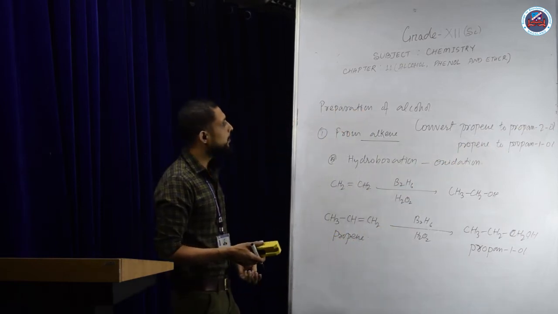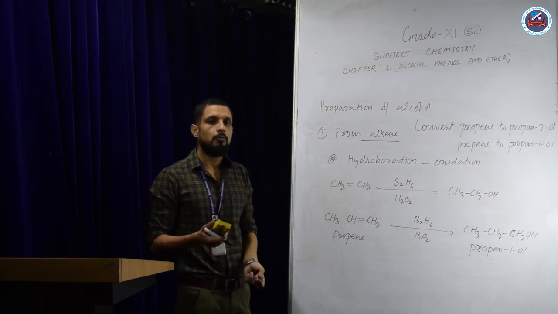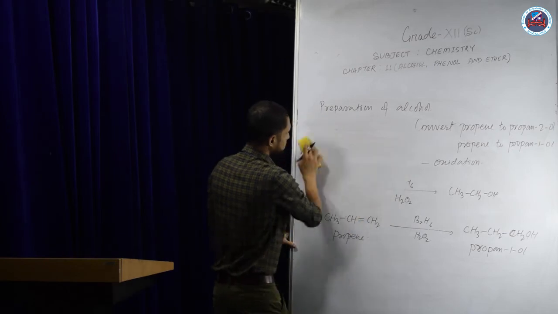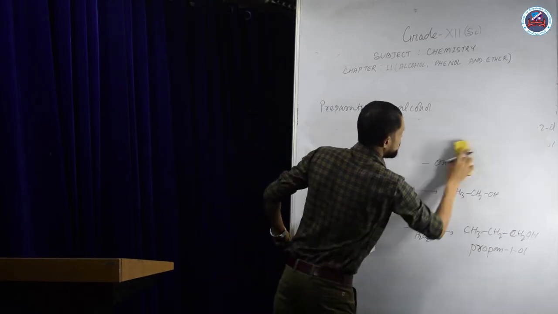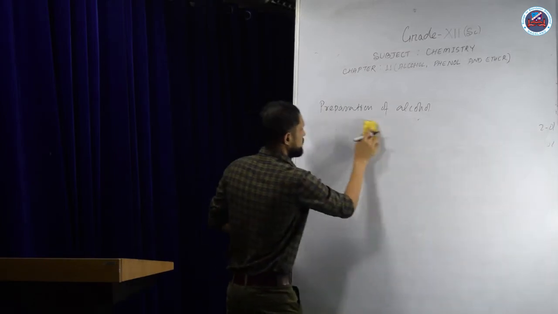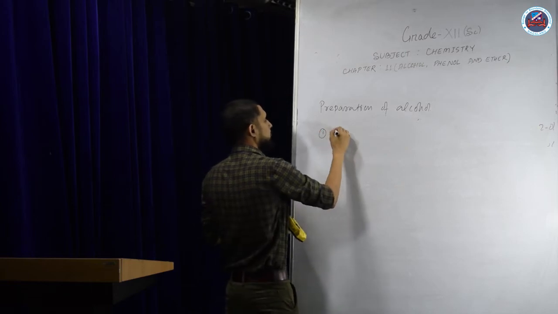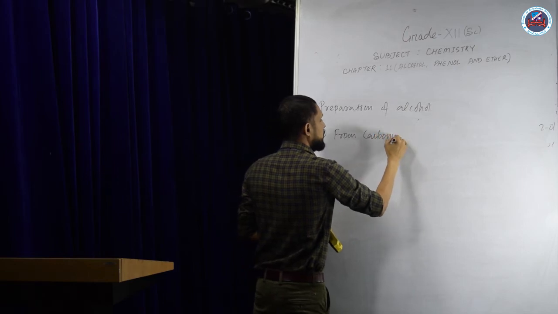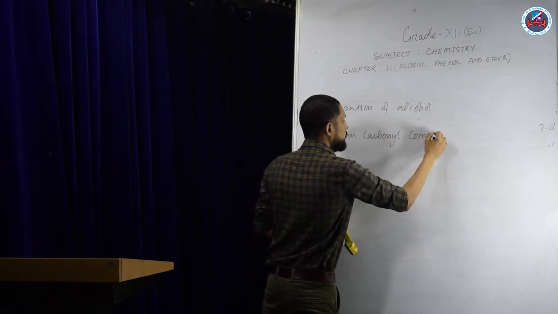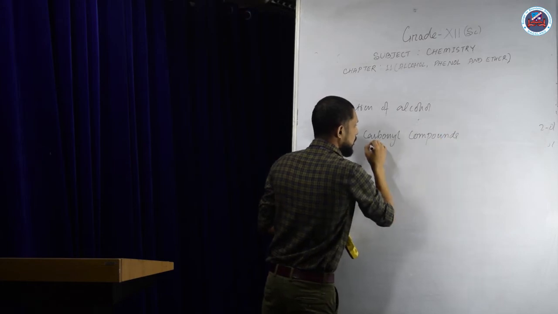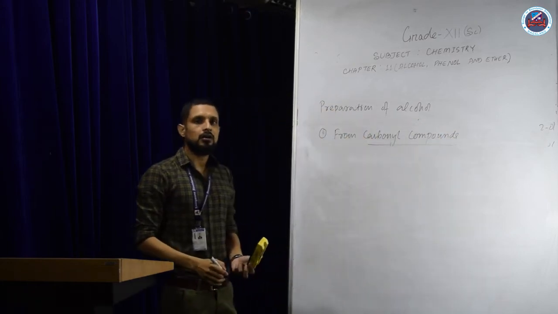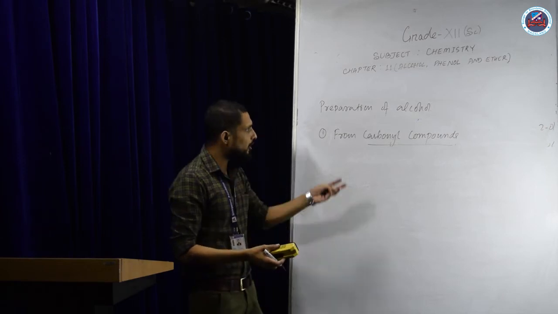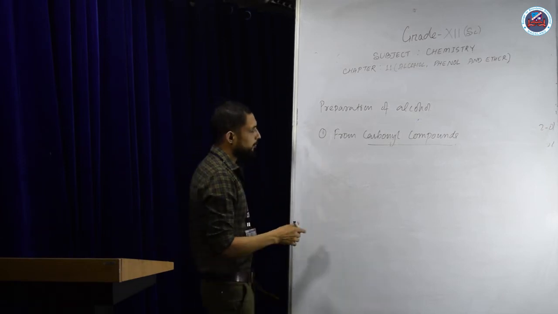Next, let us see the preparation of alcohol from carbonyl compound. It is our second method. Now, before we start the preparation of alcohol from carbonyl compounds, let us try to know what is carbonyl compound.